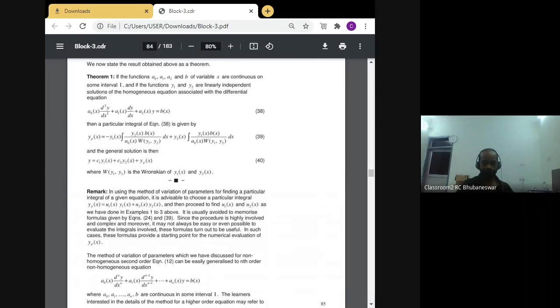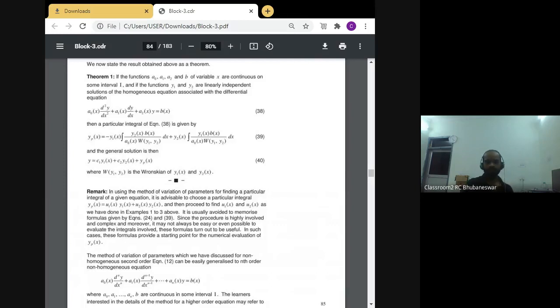Here we have taken the general form of the differential equation as a0 d square y by dx square plus a1 dy by dx plus a2 y equals f(x). Clearly, equation number 38 is a non-homogeneous second order linear differential equation.